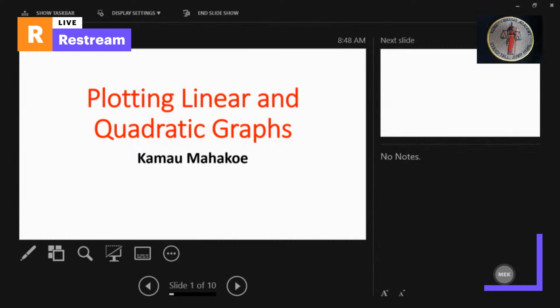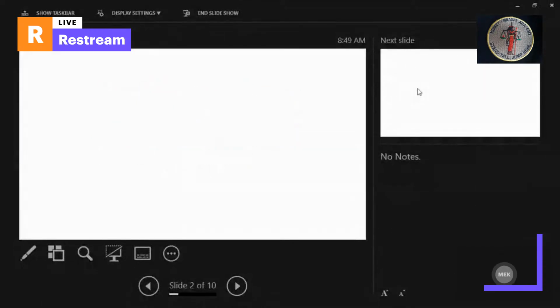So we're going to do some simple lines, and then we're going to go to the quadratics and see how we solve those. So it's plotting linear and quadratic graphs. Now, normally you're given the function or the equation.